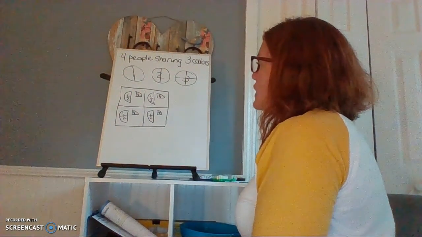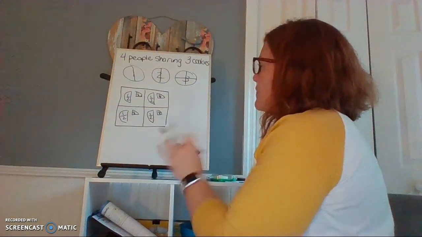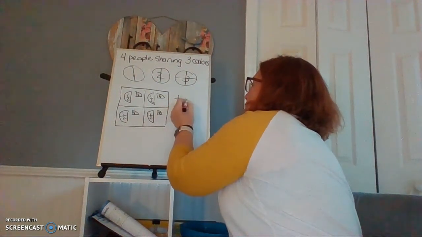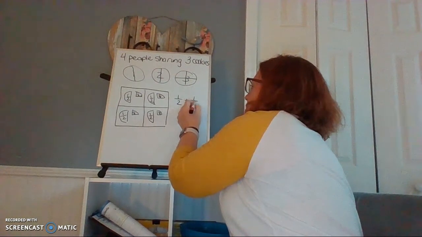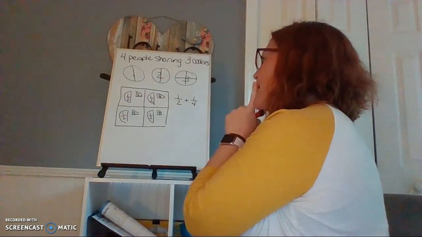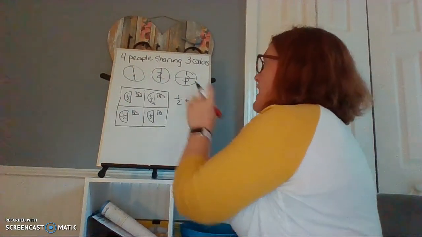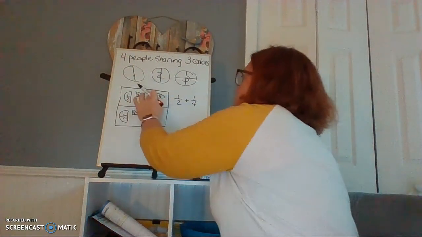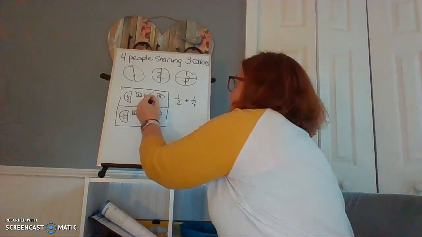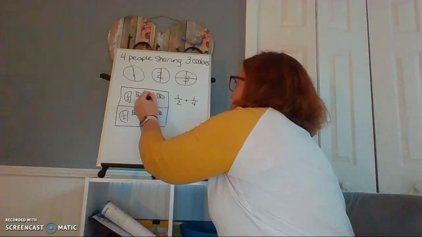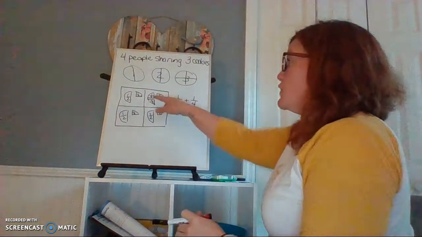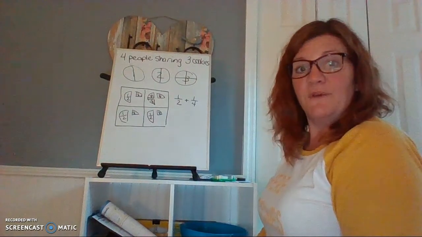Okay, so how could we show this though? They'd each get a half and they'd also get a fourth. How could we do that? Well, you could erase the half and put a fourth here and a fourth here, because 2/4 equals 1/2.